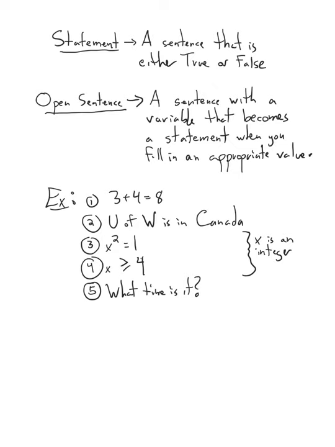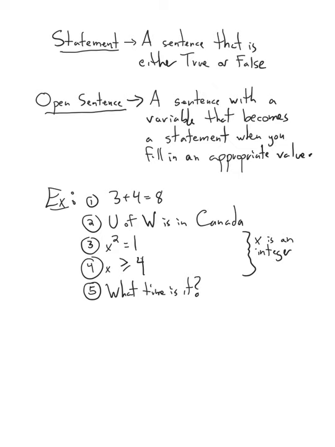So the first one is called a statement. And a statement is a sentence, but it's a sentence where you can say it's either true or false. So anything that is either definitively true or false, we call a statement. So examples 1 and 2 below are examples of statements. 3 plus 4 equals 8.